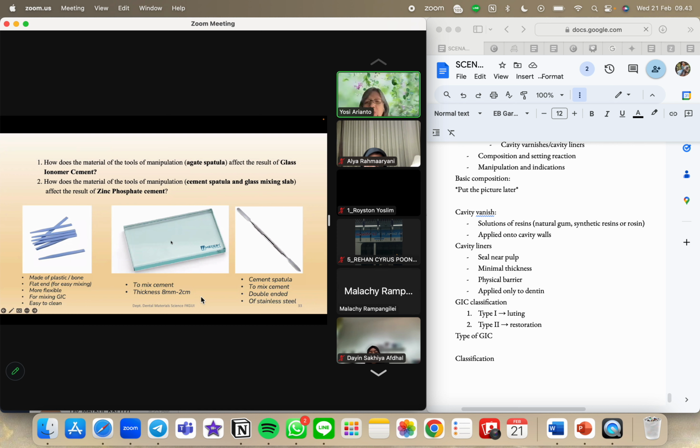And also you asked about the cement spatula and glass mixing slab. This is the glass mixing slab. Usually we use the thickness from 8 millimeter until 2 centimeter.